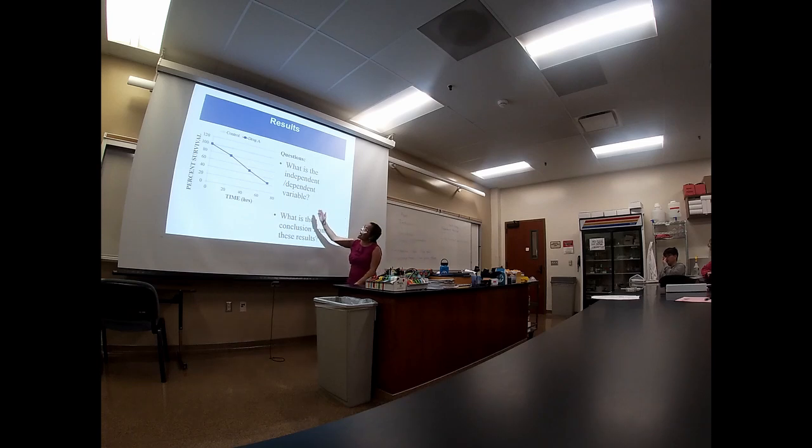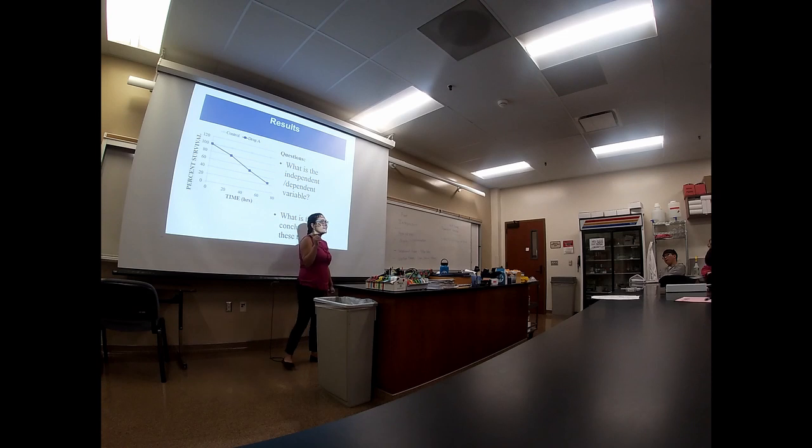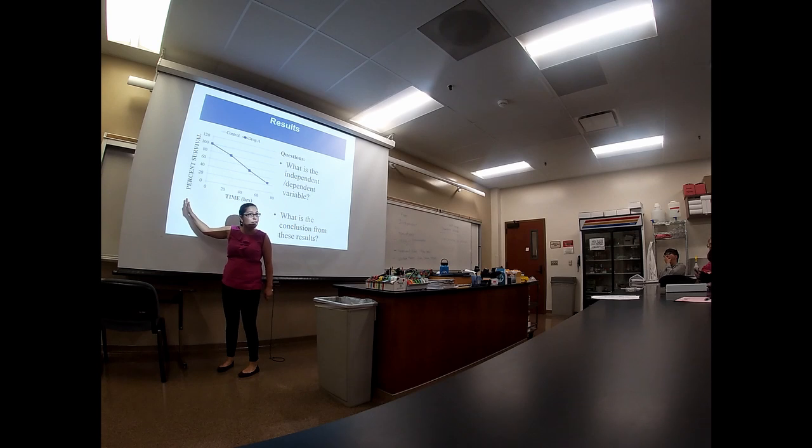If you look at the graph, when data is presented to you, where do you usually find the dependent variable? The x-axis or the y-axis? So look at the graph and think about this. It's the y-axis, because remember, our dependent variable was cell survival, and here it is, cell survival on the y. That's usually how it's presented.